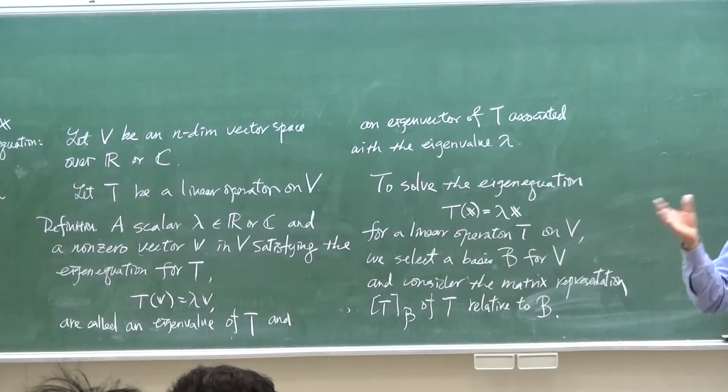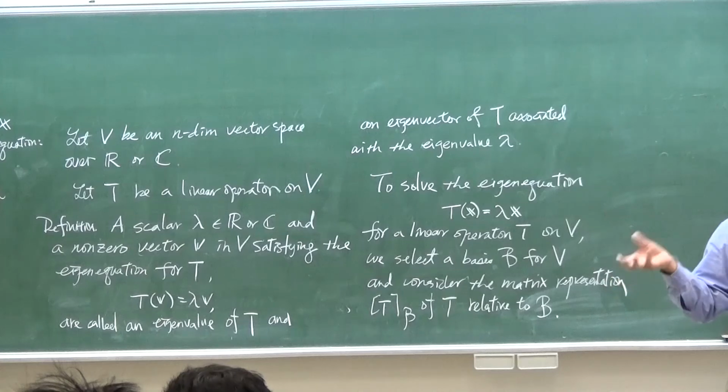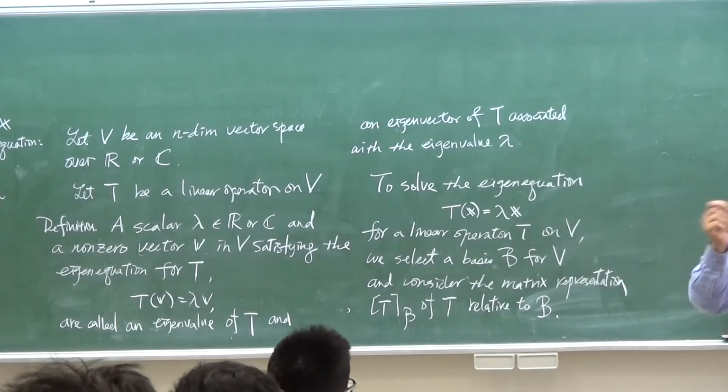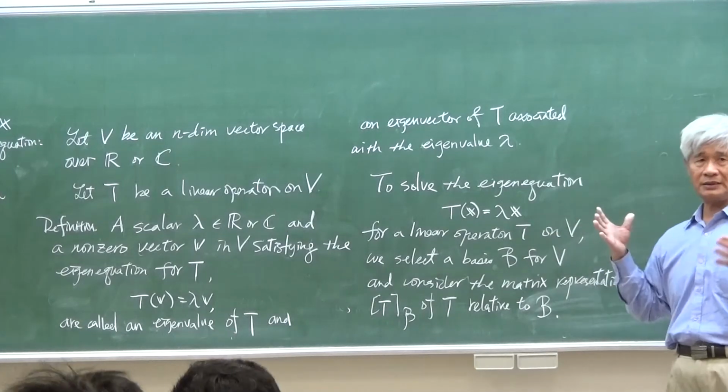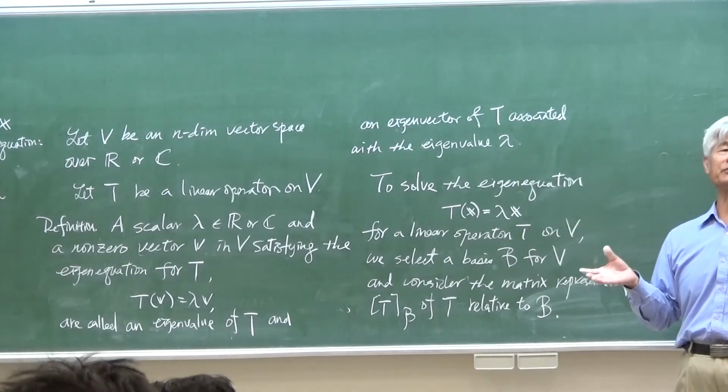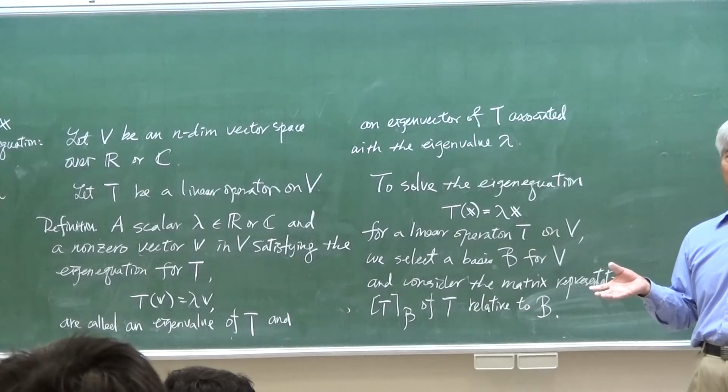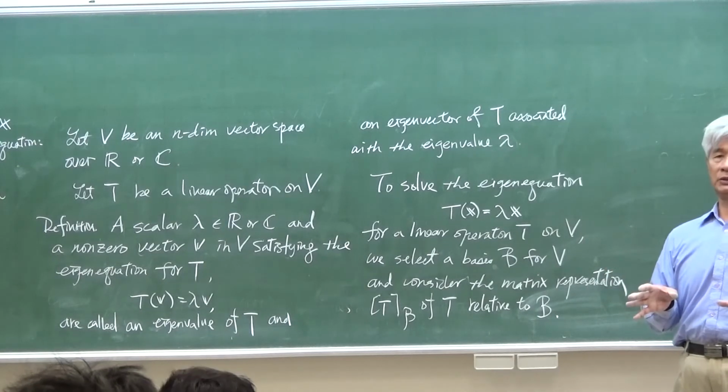Because we can manipulate the matrices, by using computers or by hand. A linear operator, a function, is abstract, so you have to make things numerical.